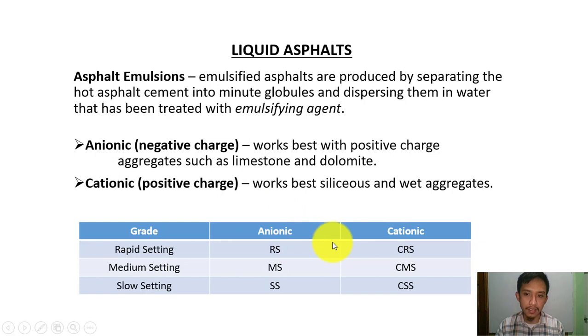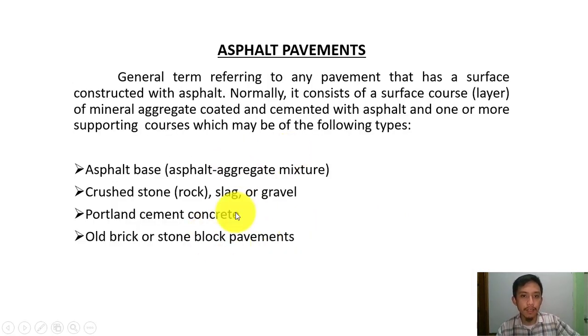If it is anionic, these are the symbols for each grade: RS for rapid setting, MS for medium setting, and SS for slow setting. If you are using cationic, then it is CRS, CMS, CSS. The additional C means cationic. Okay, so that is your liquid asphalt.